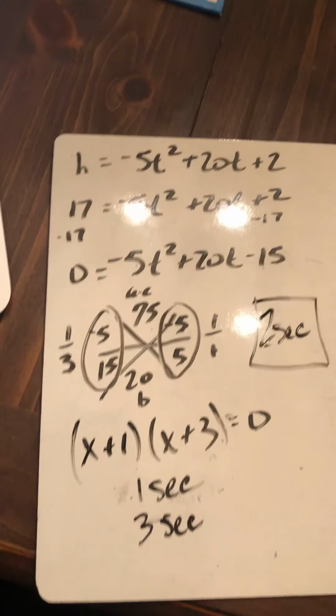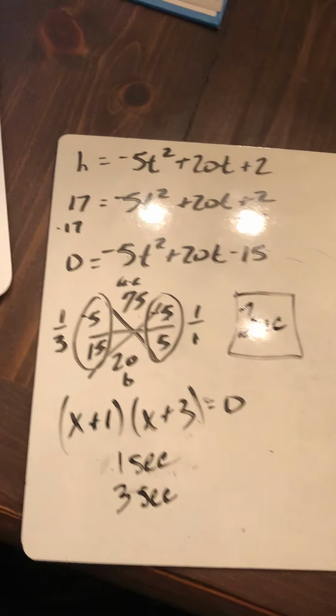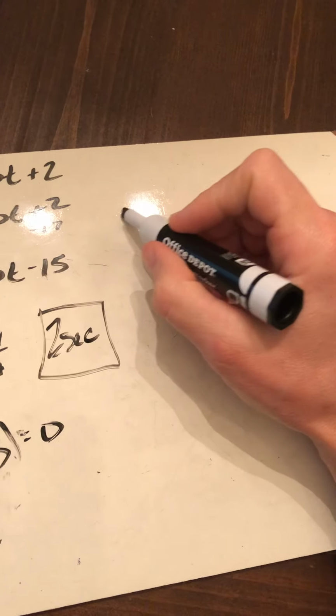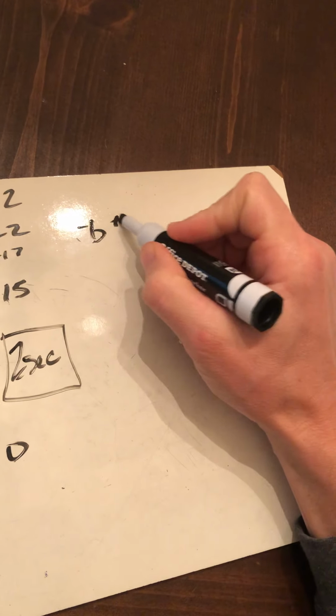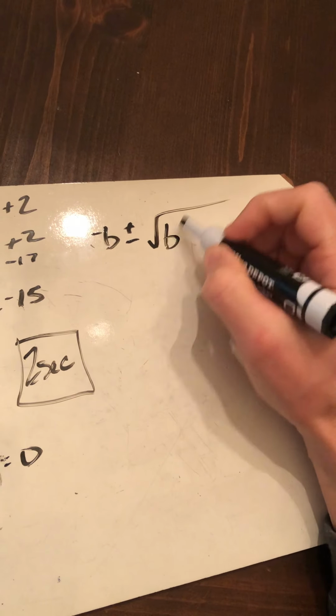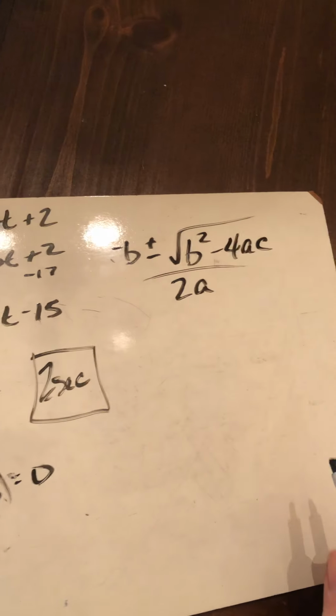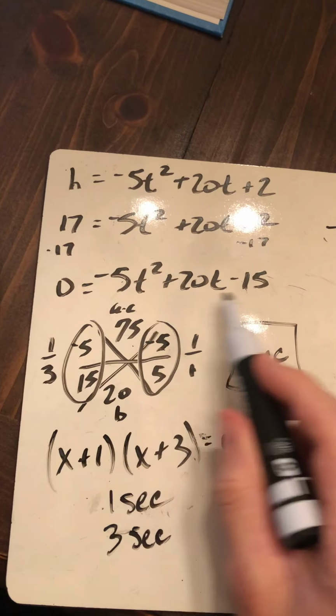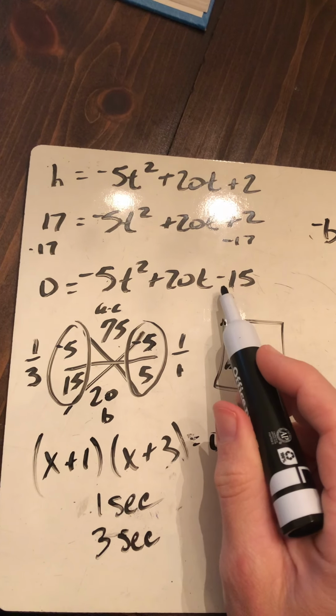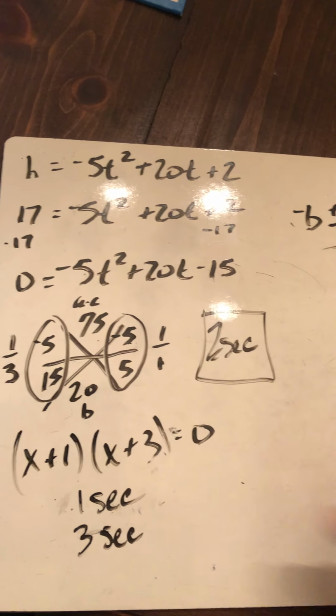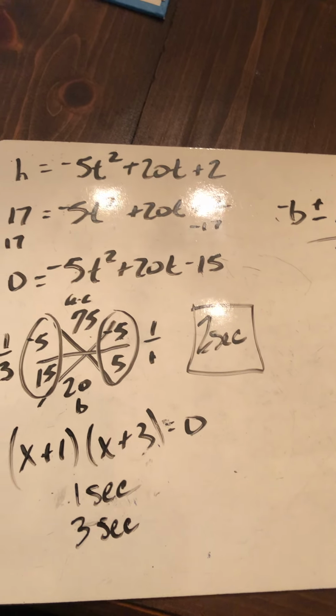Okay, so I told you that I'd show you by the quadratic formula also, which is negative b plus or minus the square root of b squared minus 4ac, over 2a. All right, so here's my formula. Now I'm plugging that into my quadratic formula.